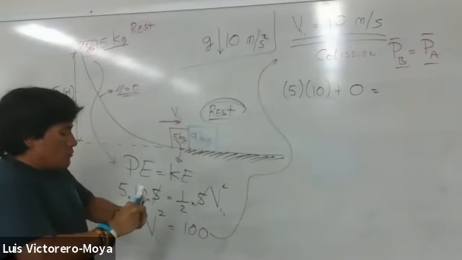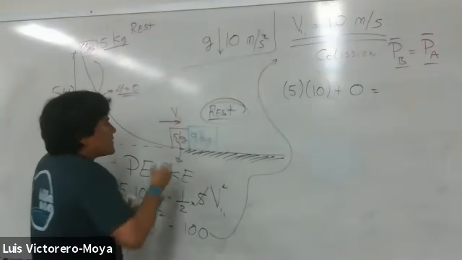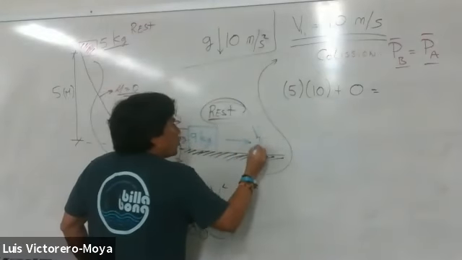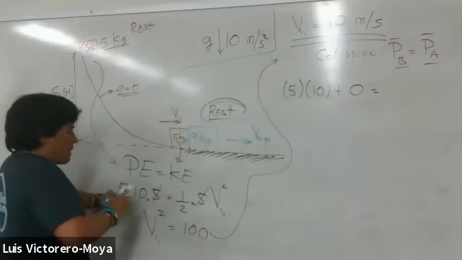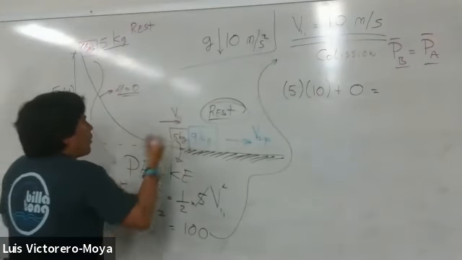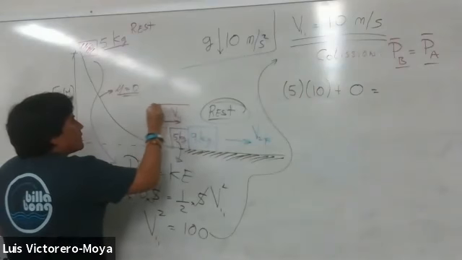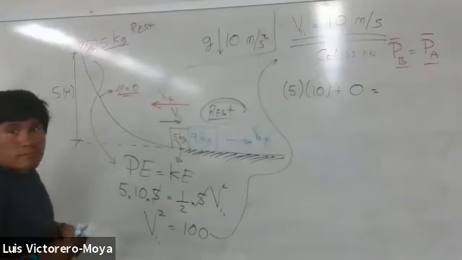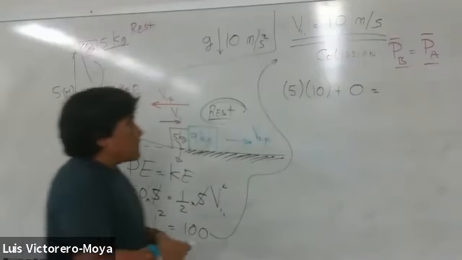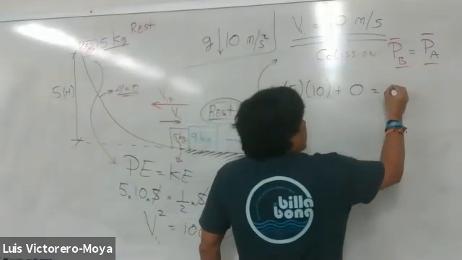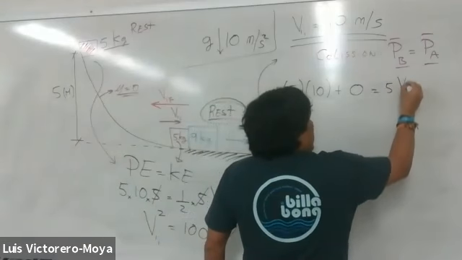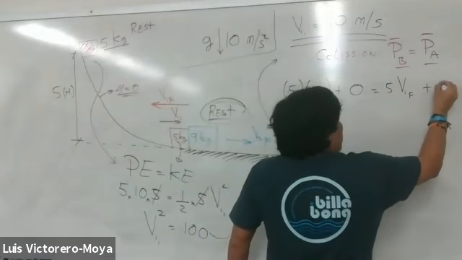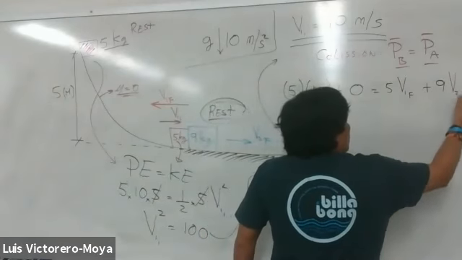After the collision, the second block will move with V2 final, and the purple block will recede with V1 final. That's after the collision. So 5 times V1 final plus 9 times V2 final.